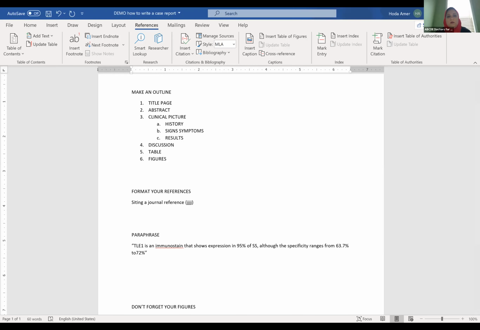TLE1 is an immunostain that shows expression in 95% of synovial sarcoma, although the specificity ranges from 63.7 to 72%. So you could start a paragraph, for example, by saying something like immunostains are invaluable, or shall we say, are important. I think you guys get what I'm trying to say.